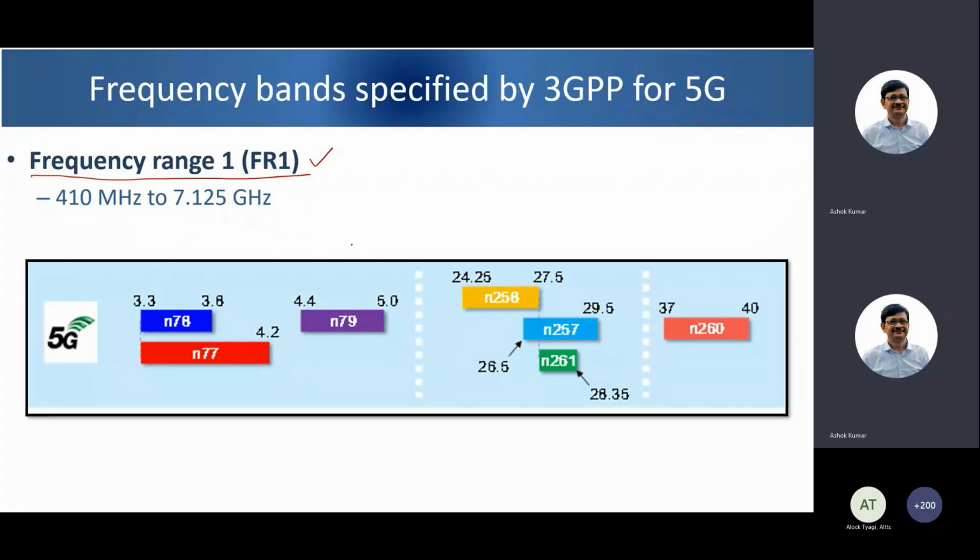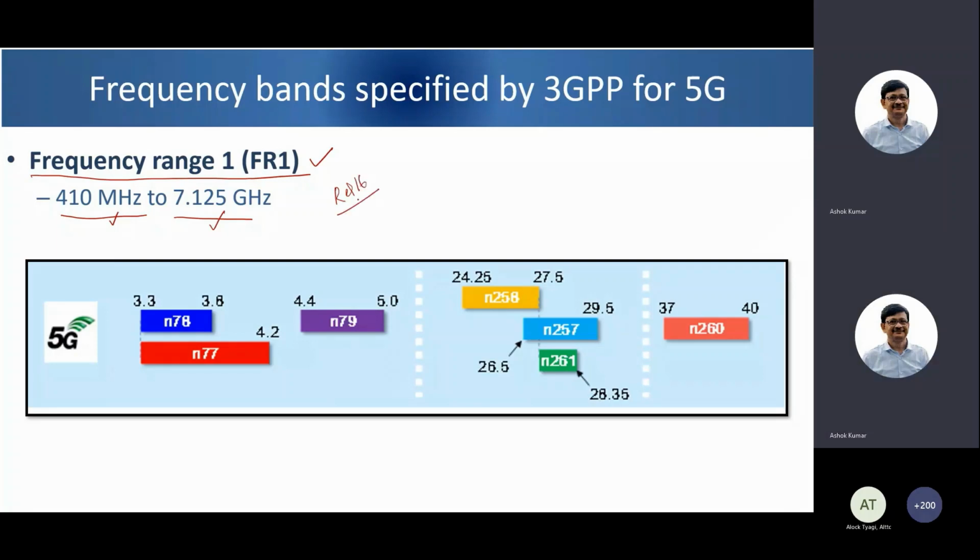And this FR1 consists of the frequency band starting from 410 megahertz and going up to 7.125 gigahertz. This was in Release 16, right?